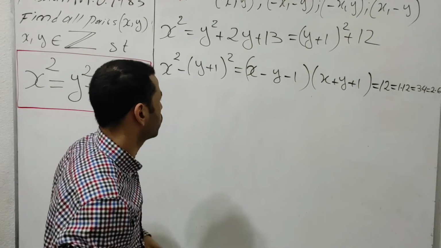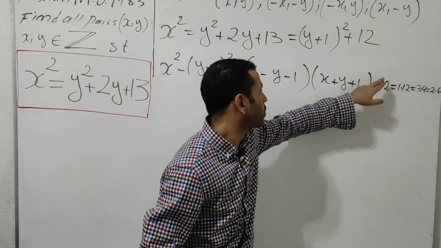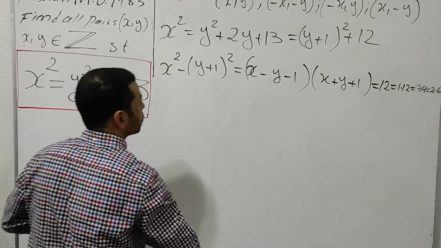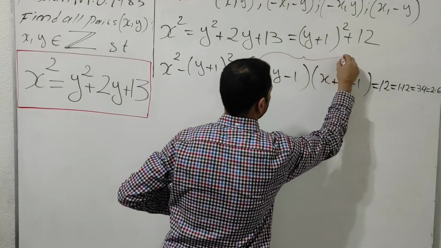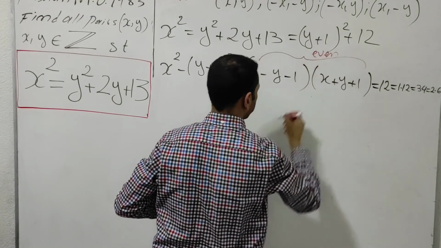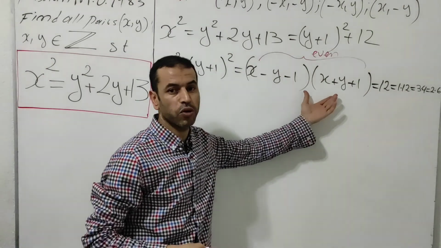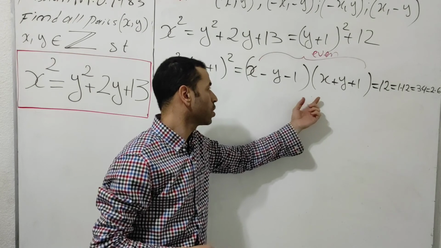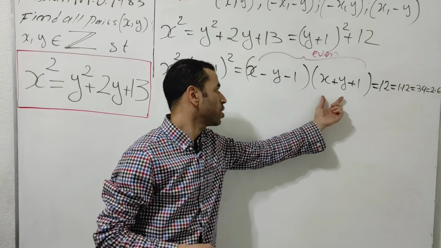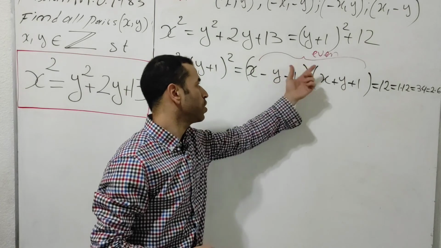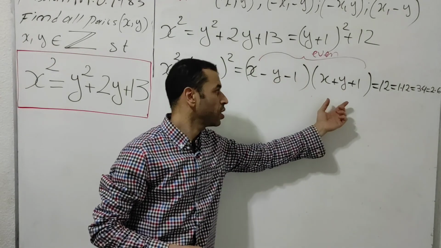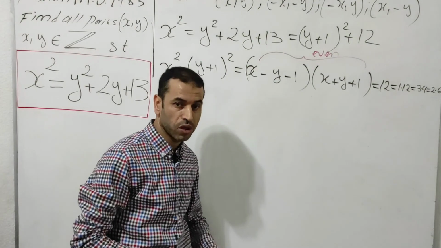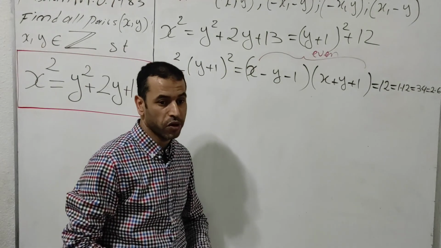Since 12 is even, the left hand side of this equation is even as well, which means the whole product is even. If this is even, it doesn't mean both terms are even. It could be that both terms are even, or at least one of those terms is even, because even multiplied by odd always gives you even. So we are going to create another equation where we can check our parity successfully.